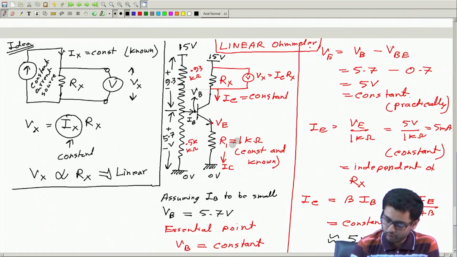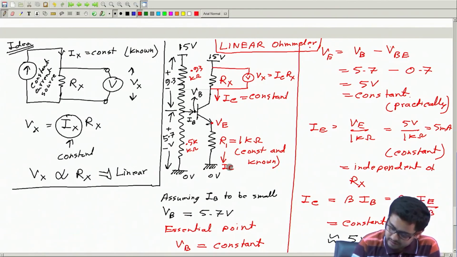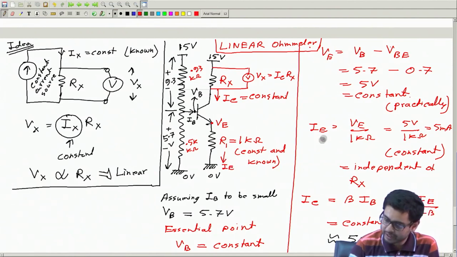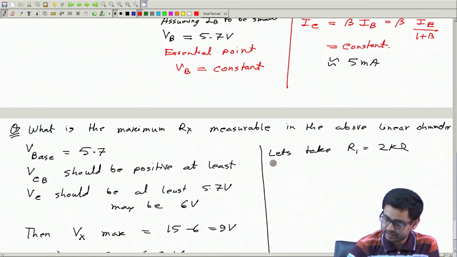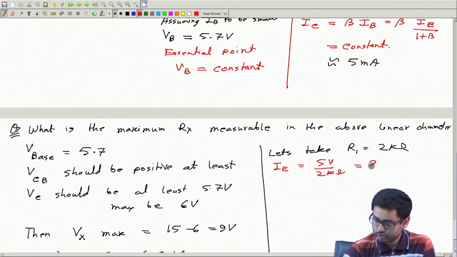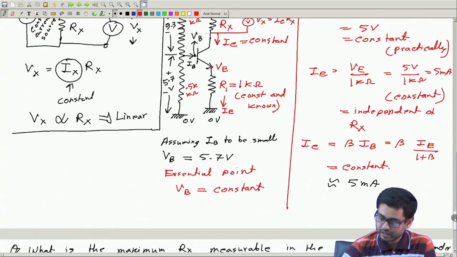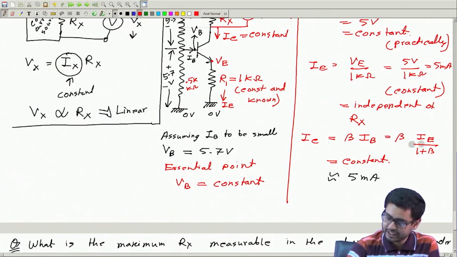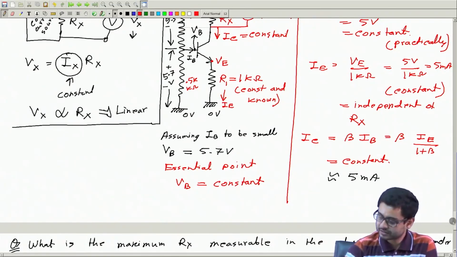If R1 is 2 kilo ohm, VE is at the same voltage, 5 volt. Then IE is 5 volt by 2 kilo ohm, so this is 2.5 milliampere. And then IC is approximately equal to IE if beta is very large.